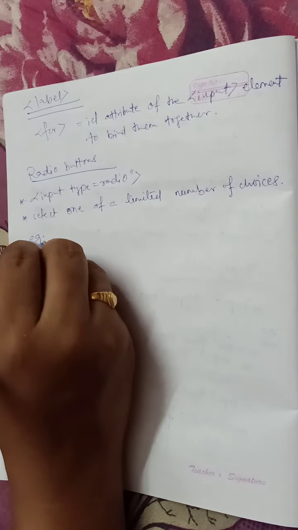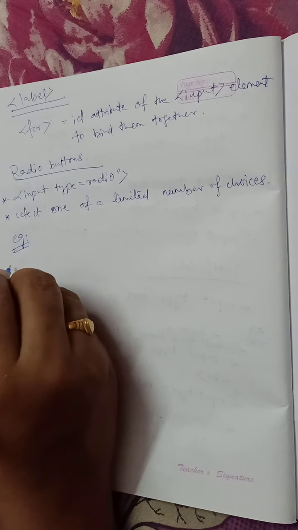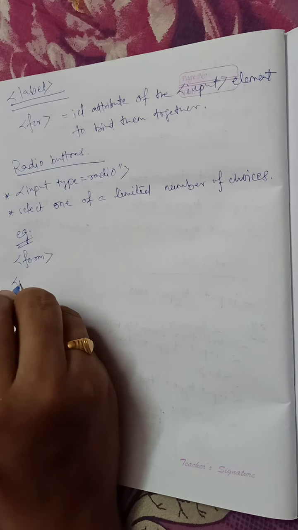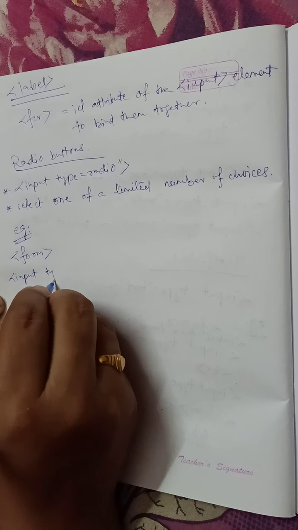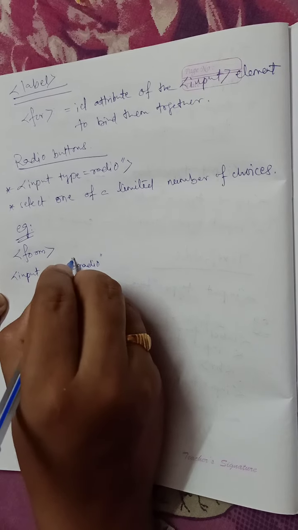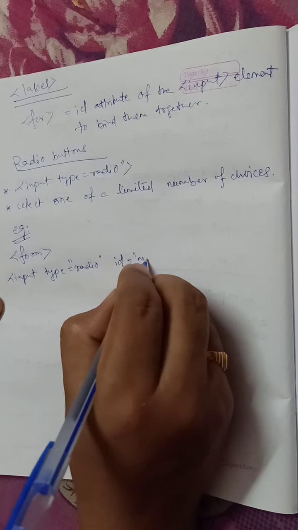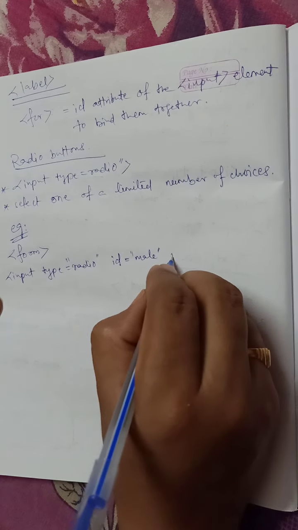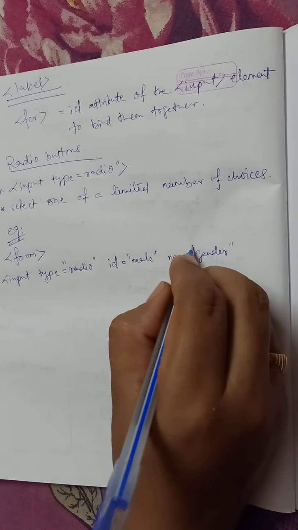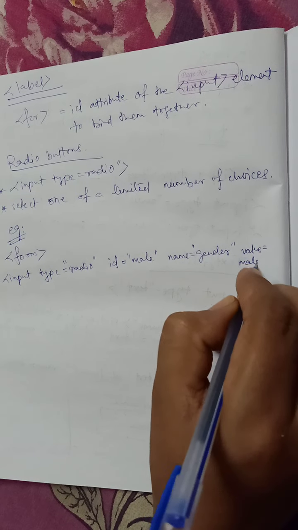Now let me give an example. We'll start with the form. I want to go for a radio button, so input type is radio, id is given as male, name equal to gender, value equal to male.